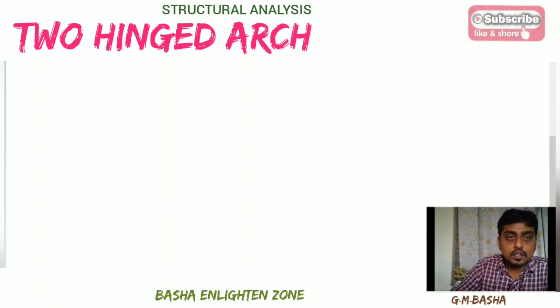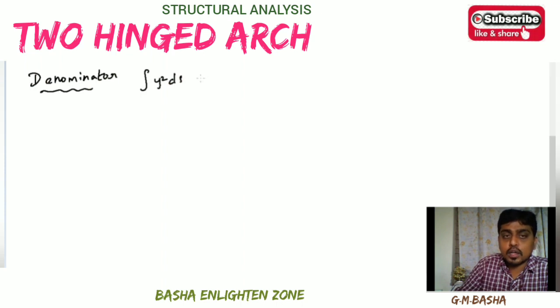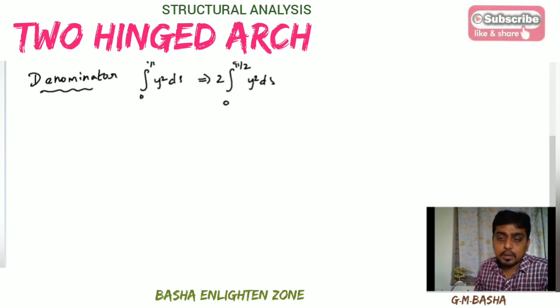So that is integral of y square ds. So here also you have to consider the same concept, 2 times 0 to pi by 2 y square ds. So this is in the range of 0 to pi for the semicircular arch.